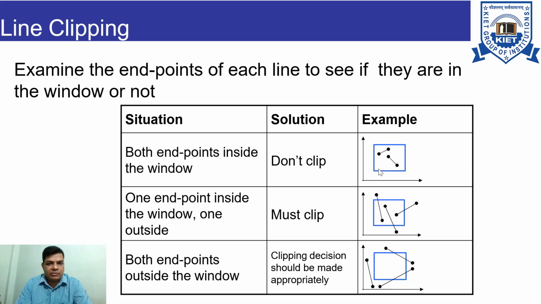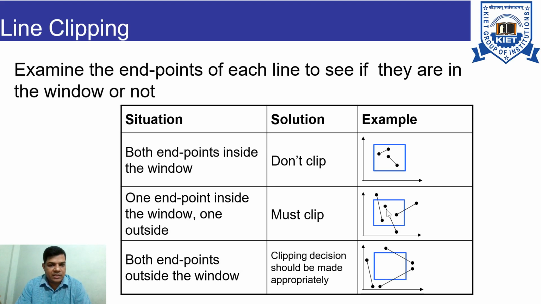So here you can see in the figure, these two lines are completely inside the clipping window, so these two lines are not clipped. These two lines will be kept for display. Here we have to clip the portion of the line which is outside the clipping window, and similarly in this case also.